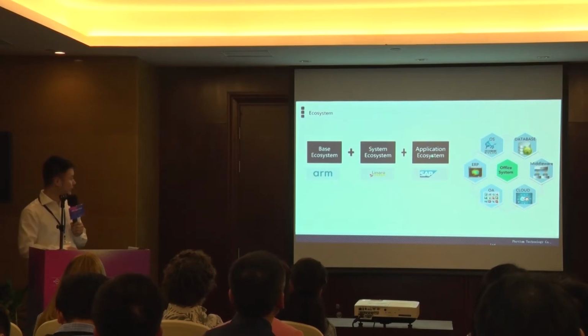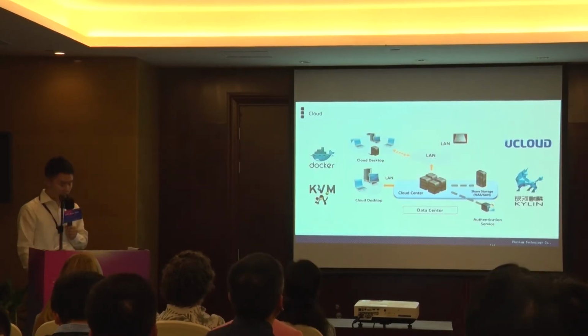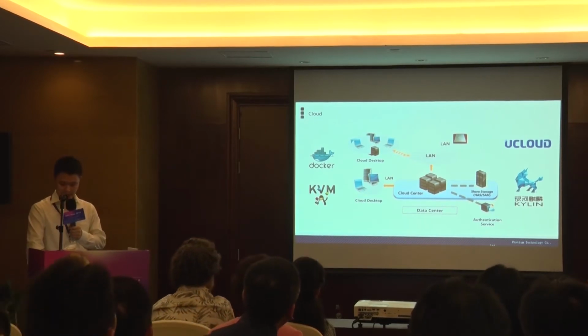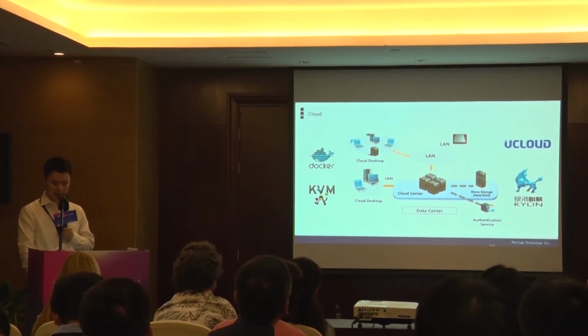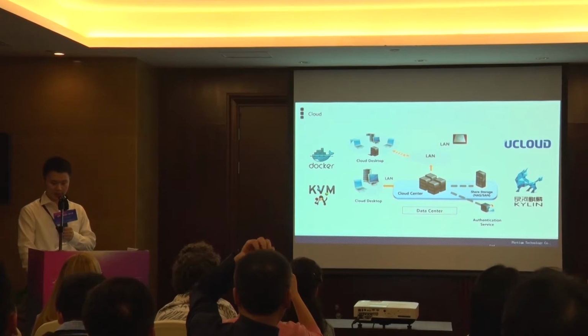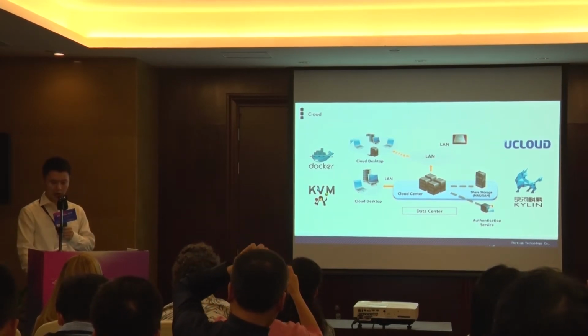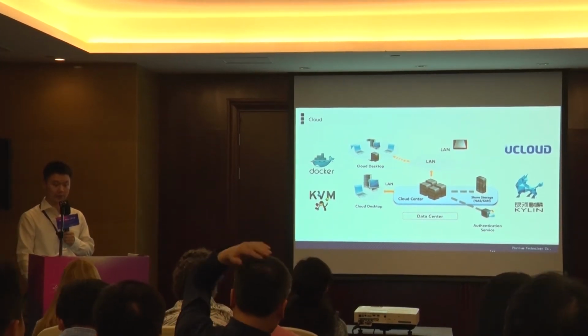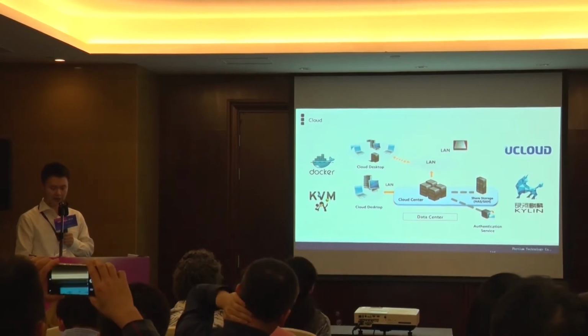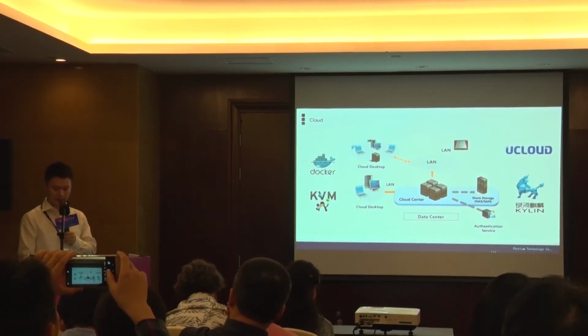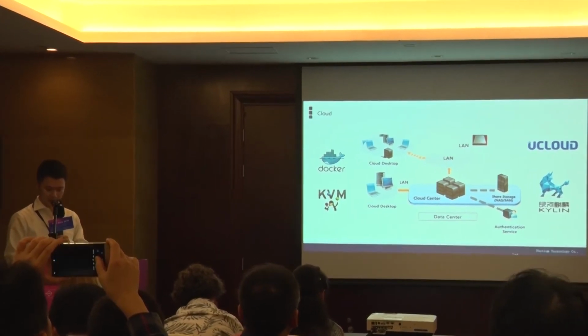And the third one is the application ecosystem. Here we take cloud applications as an example. uCloud and Keylen have done some work based on our earlier chip named S, and the cloud integration platform is applied in practical use right now.